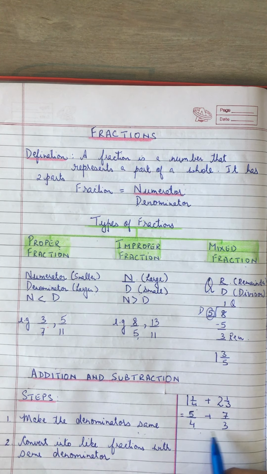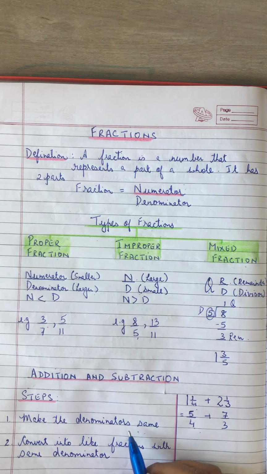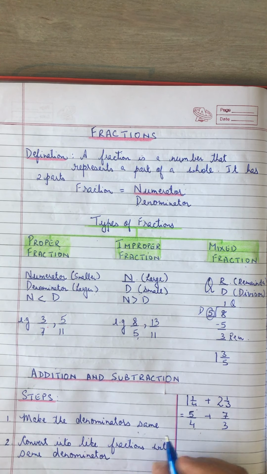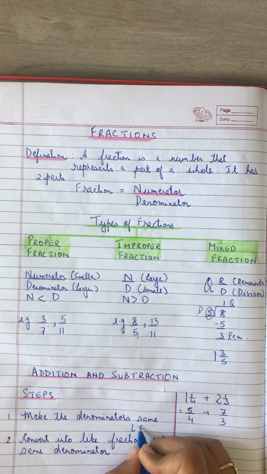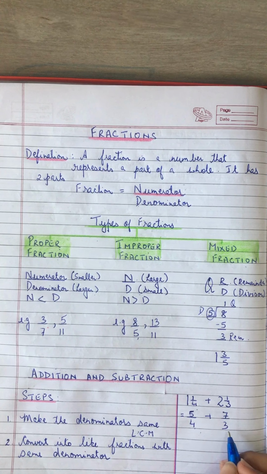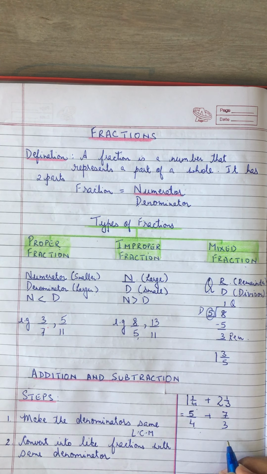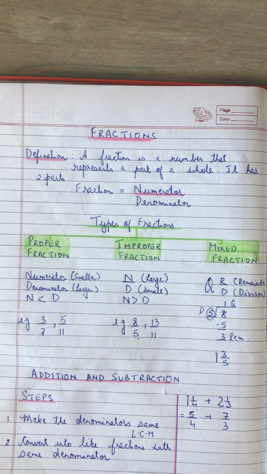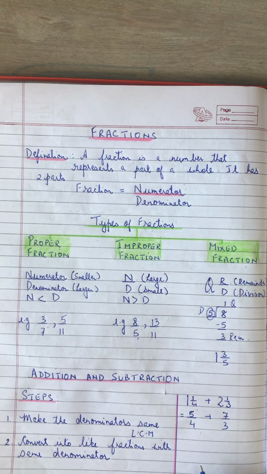So over here you can see the denominators 4 and 3 are different. So the first step is to make the denominators the same. And how do we make the denominators the same? We find the LCM. The LCM of 4 and 3 is 12. So now we will convert into like fractions with the same denominator.